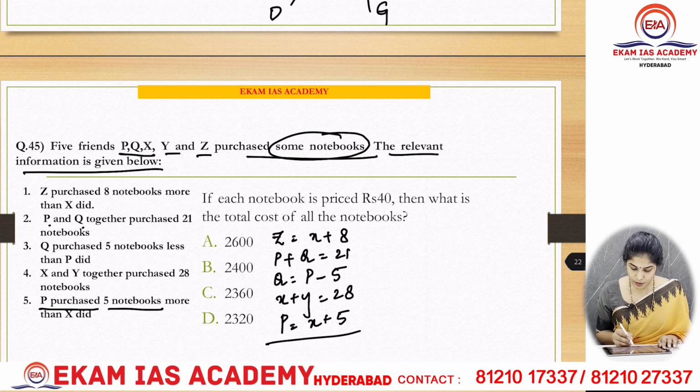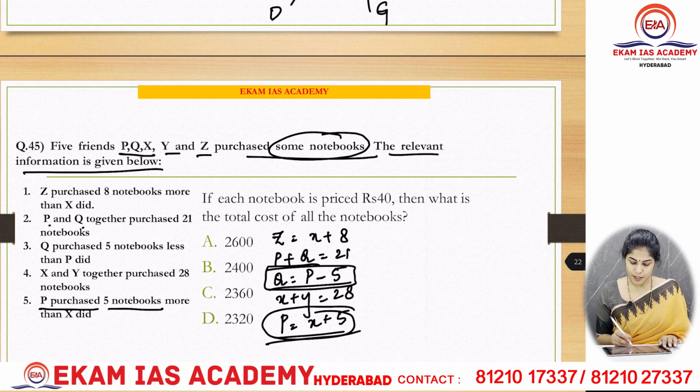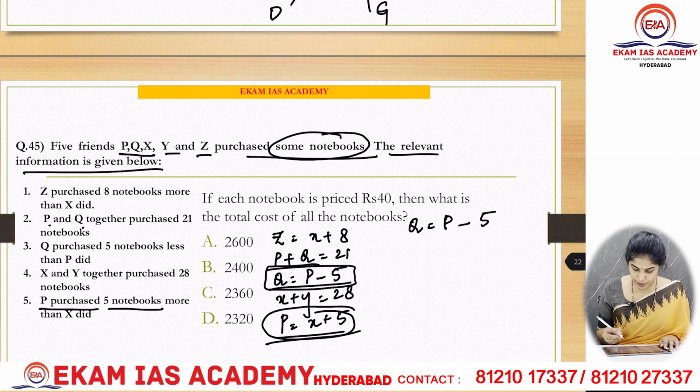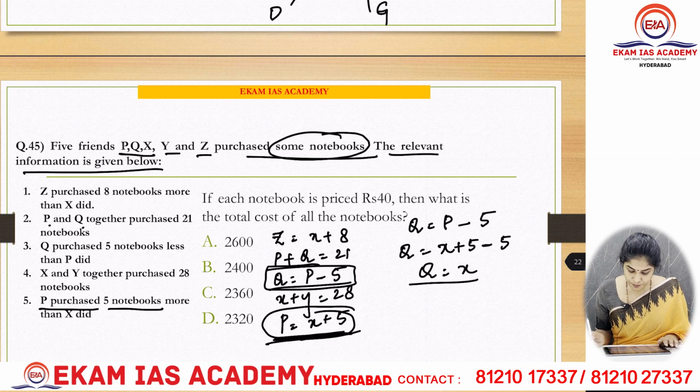Let's substitute X plus 5 in Q. Q is equal to P minus 5, and P is equal to X plus 5. Q is equal to X plus 5 minus 5. So Q is equal to X, right? So here P plus Q, we substitute this X and this X plus 5.